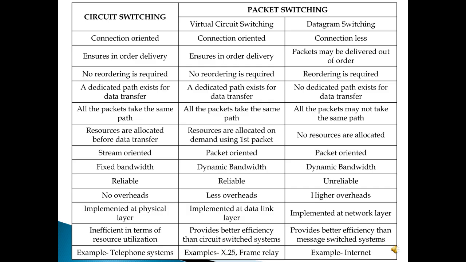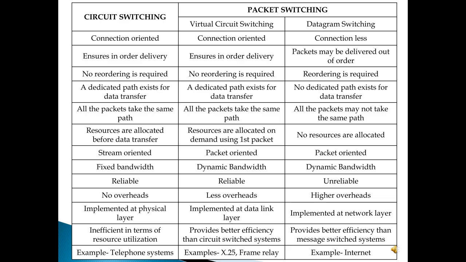It is packet oriented. It has dynamic bandwidth. It is reliable. It has less overheads. It is implemented at the data link layer. It provides better efficiency than circuit switched systems. And the best examples for virtual circuit switching are X.25 and frame relay.